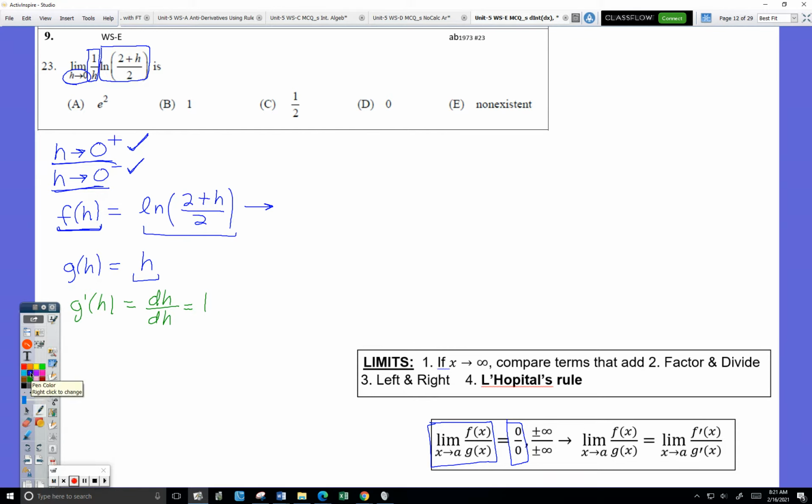So, let's see. We've got to take d over dh of natural log of (2 plus h) over 2. I heard some people saying that the derivative of the ln of something is 1 over that something multiplied by the derivative of that something.